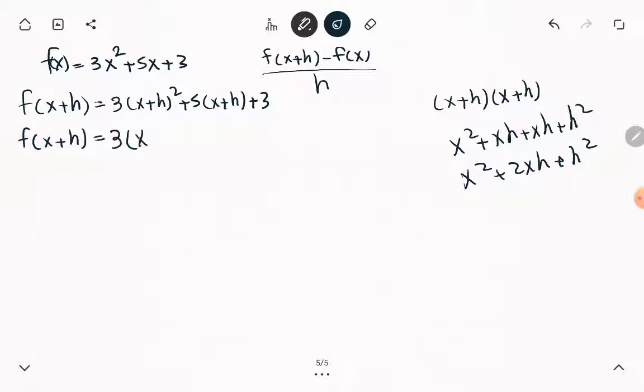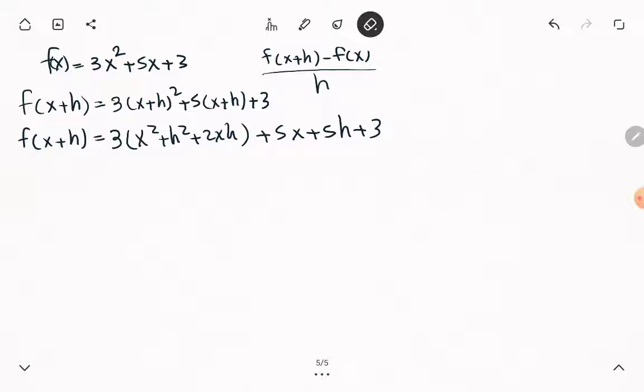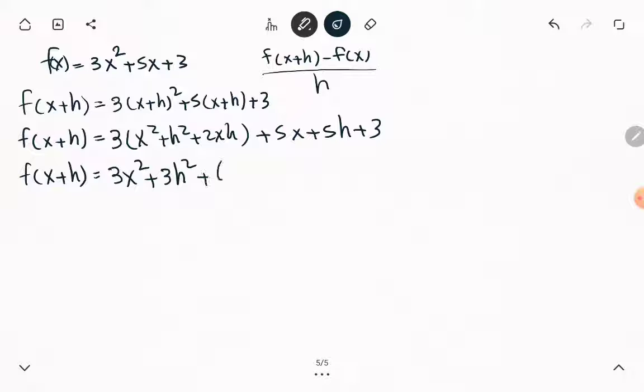So x squared plus h squared plus 2xh, right? And then plus 5x plus 5h plus 3. So we can simplify this: f of x plus h equals 3x to the power of 2 plus 3h to the power of 2 plus 6hx plus 5x plus 5h plus 3.